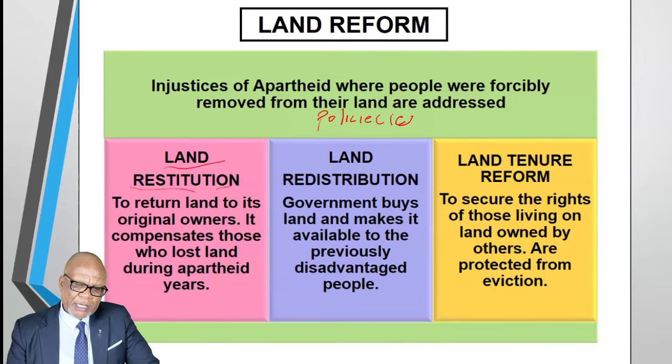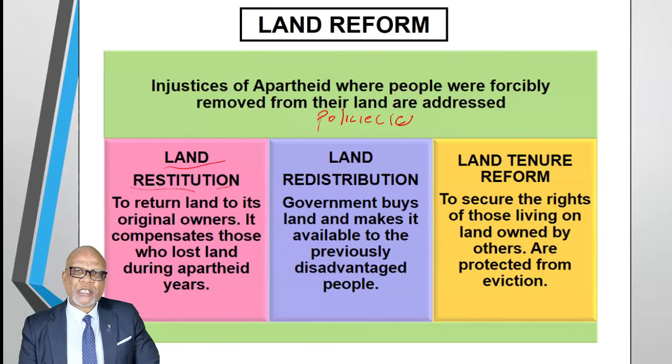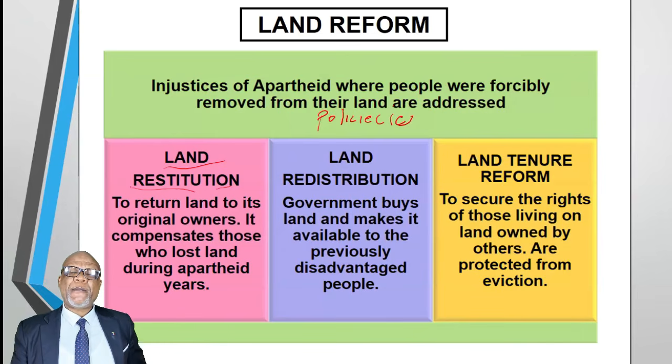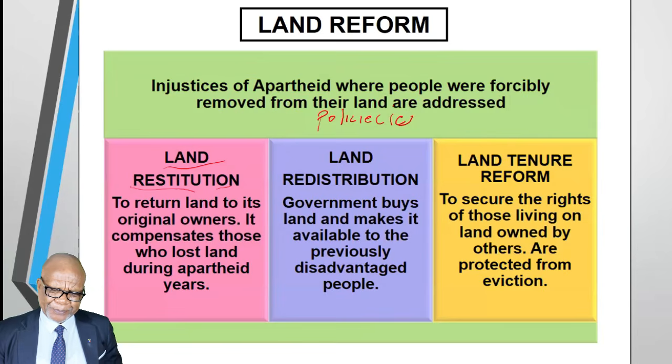Compensation can either be you give them another land to settle in, or you give them money to buy land, or you give their land back. So land restitution is giving land back to people, or compensating them, either by giving them money or by giving them alternative land.